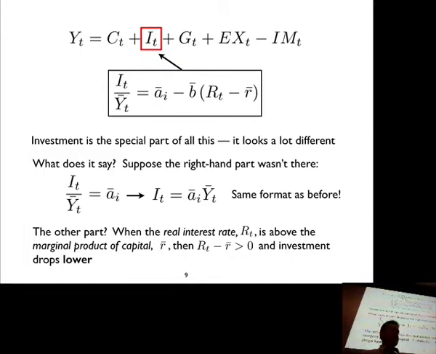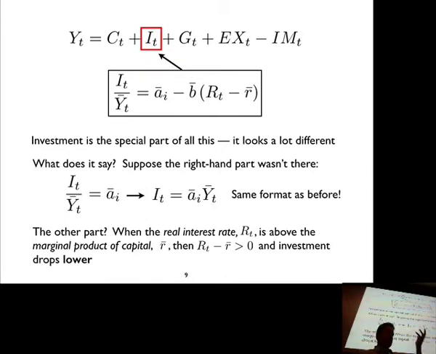So the way to make this intuitive is the following. The return to capital is the marginal product of capital, and that's what you get from owning capital. Whom are we talking about here? We're talking about businesses conducting fixed investment spending on new capital. So what you'd want to know is how the returns to the new capital, and that's little r bar, the marginal product, compare with the interest rate that you're on the hook for to the bank.